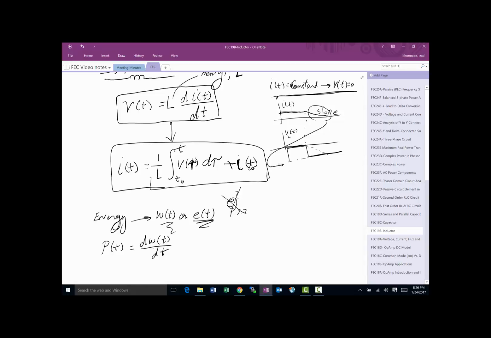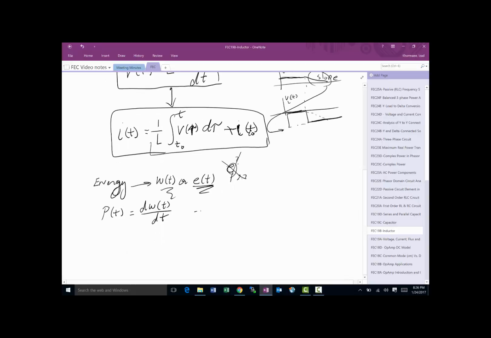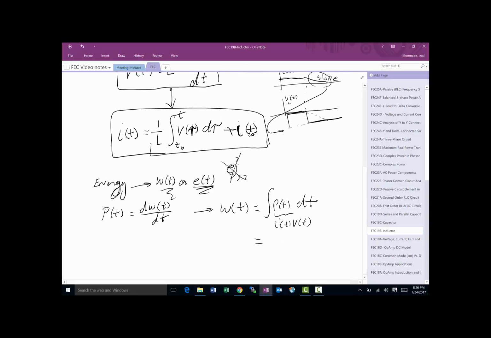Or vice versa, we could say energy or work is equal to the integral of power, because power is energy per second. So over time, if you average it, that would happen. Now power, we always know, is i(t) times v(t). So I can replace this with the newfound equation for inductors.